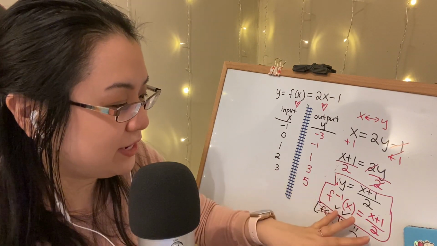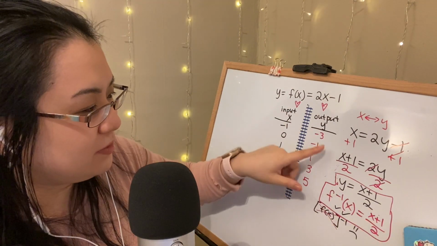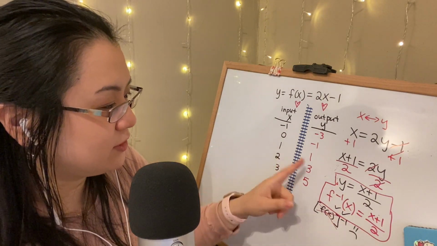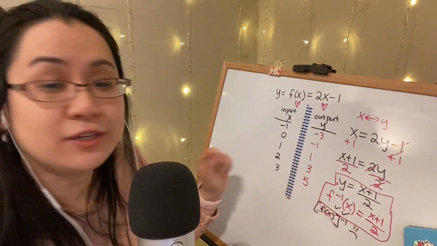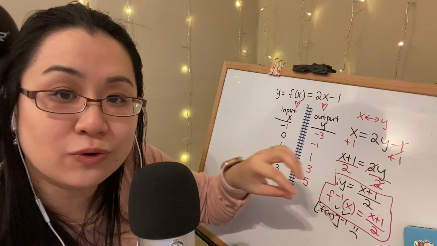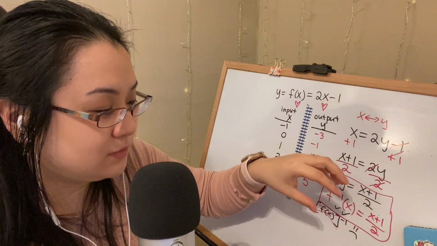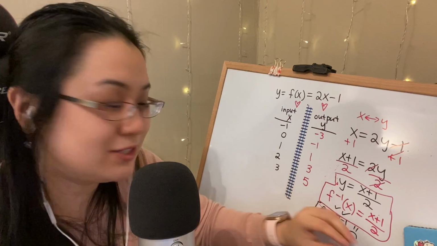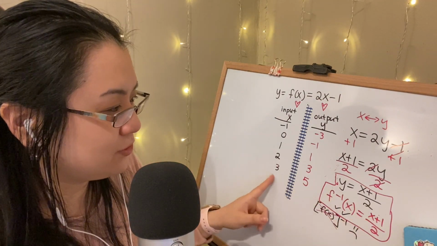Okay, so now if we have y equals x plus 1 over 2, that will take me from this side back to this side. Let's try it. If we have, let's say, 1 plus 1 is 2, divided by 2 gives me 1. In this case, because it's fractions, you do the whole top thing first before dividing. So you do 3 plus 1 is 4 first, then divided by 2 to give you 2. 5 plus 1 is 6, divided by 2 is 3.